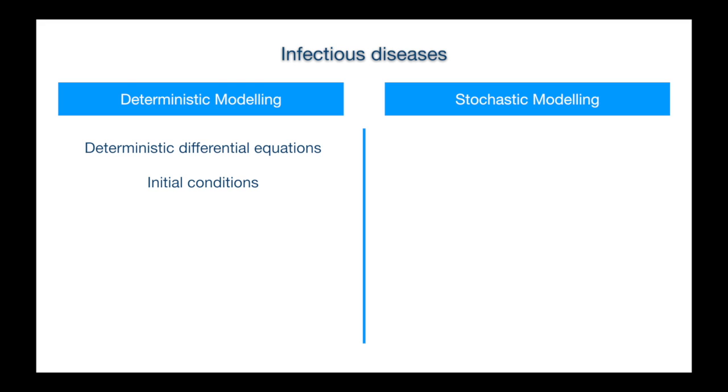In the stochastic approach, the flows are defined in probabilistic terms or via stochastic differential equations. Solving a stochastic model produces a stochastic process. So now we will only be able to answer questions in probabilistic terms.